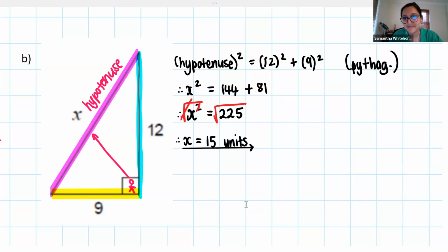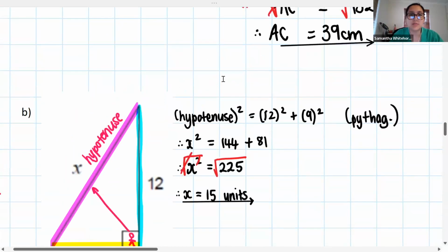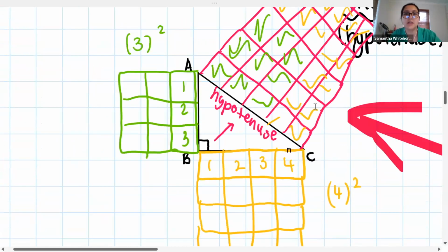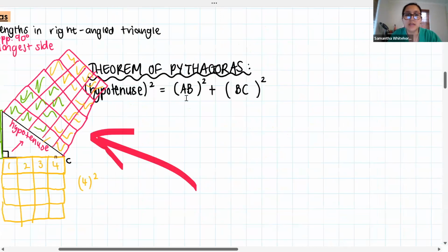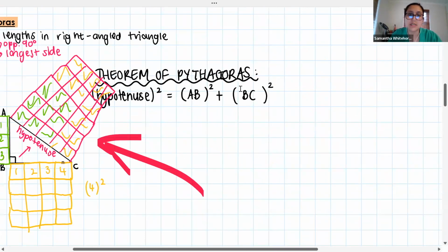I'm good, thanks. I wanted to ask, is there any particular formula for Pythagoras that we have to use in our exams? Well, it's this beautiful monstrosity that I wrote up here. It's hypotenuse squared is equal to one side squared plus the other side squared.